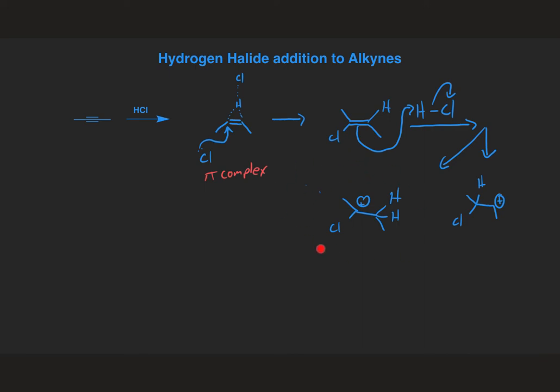This carbocation is preferentially formed because of resonance. This Cl has a lone pair that it can give down to that carbocation, just like we've seen with oxygen. And it forms this resonant structure here.